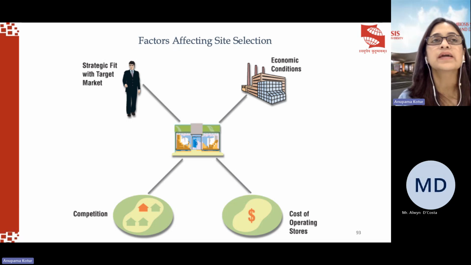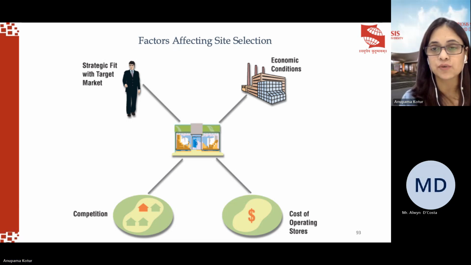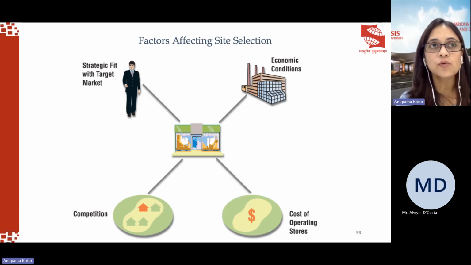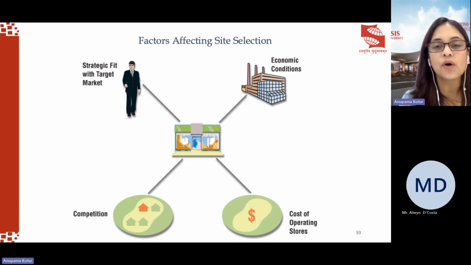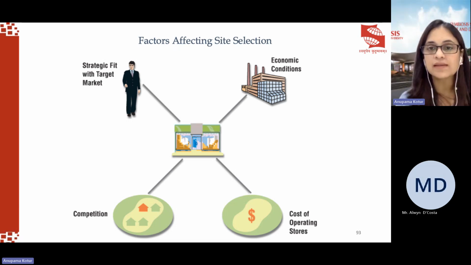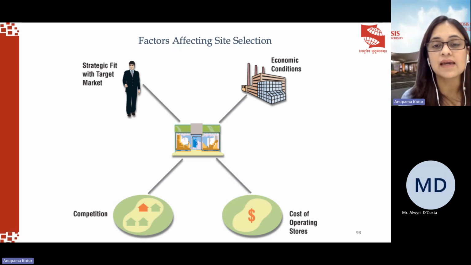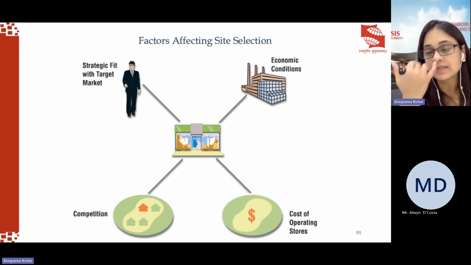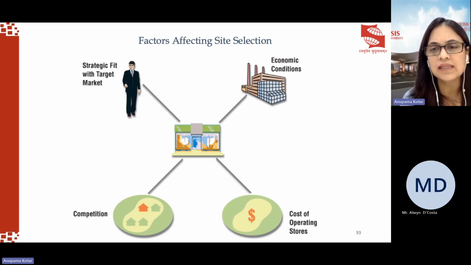If you are a luxury retail store, then you know that you're obviously going to be targeting high net worth individuals. When you open a store, you would definitely want to see what's the proximity between your store and the locality or the area where these high net worth individuals might be living.